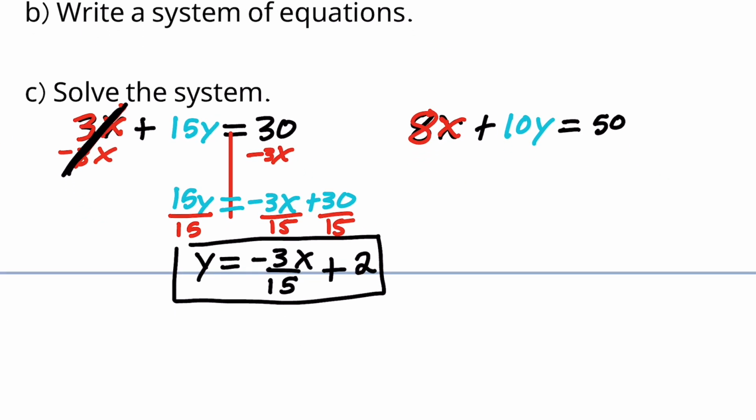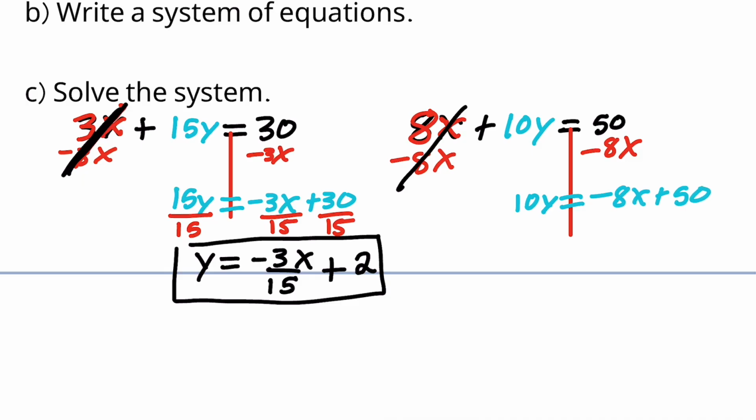All right, let's try another. Same thing, draw a line down my side. Going to subtract 8x on both sides. 8x and 8x goes away. And I'm left with 10y is equal to negative 8x plus 50. Divide both sides by 10.